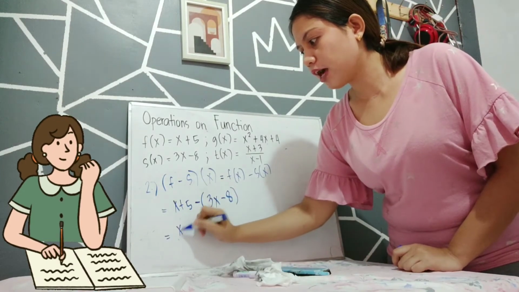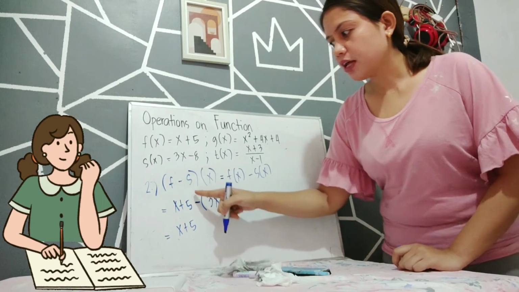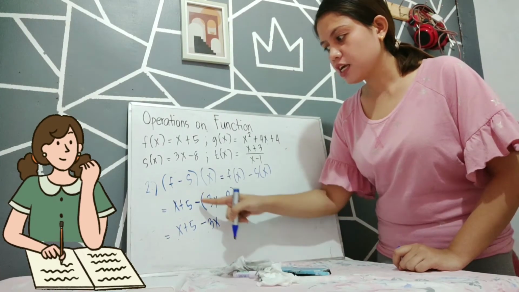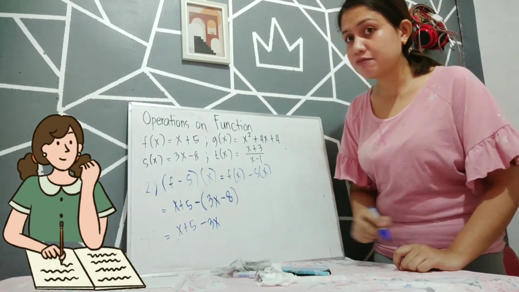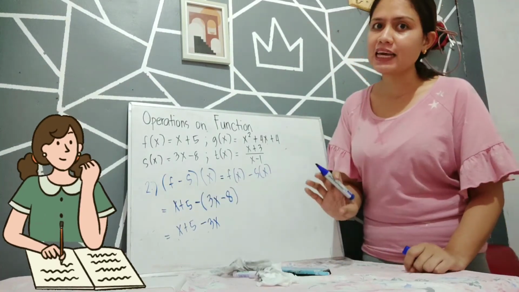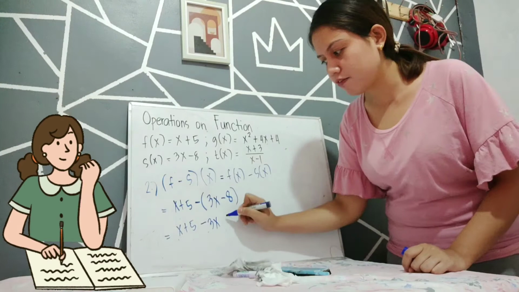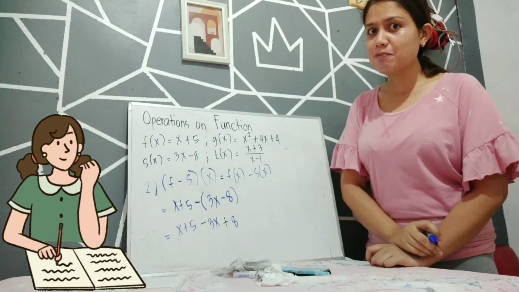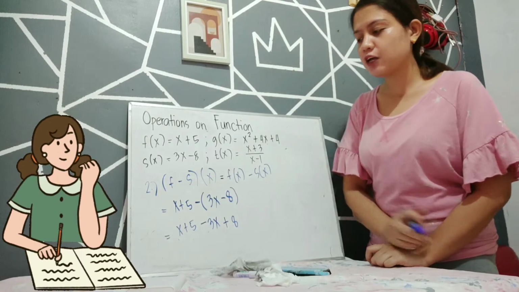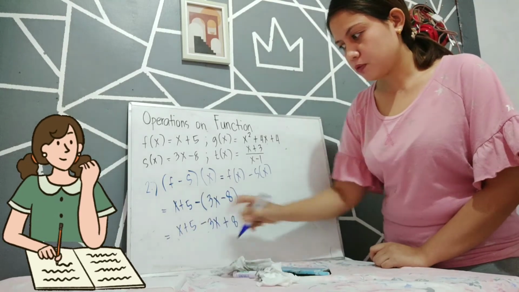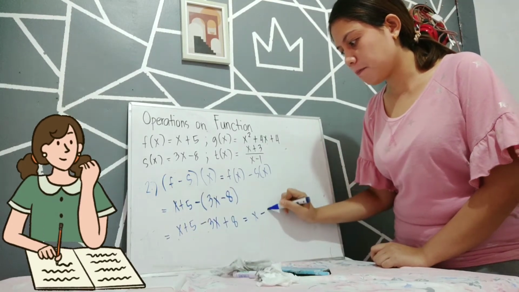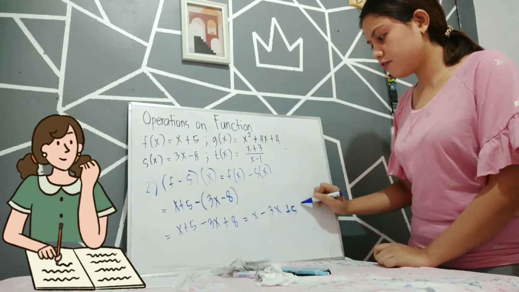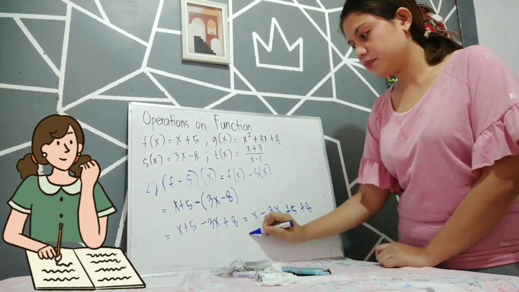Next step, you follow x plus 5, negative times 3x, so we have minus 3x, negative times negative 8. If you're multiplying like signs, it means that you have a positive sign, so you have positive 8. Next step is we need to combine like terms. So let us rewrite. You have x minus 3x plus 5 plus 8.